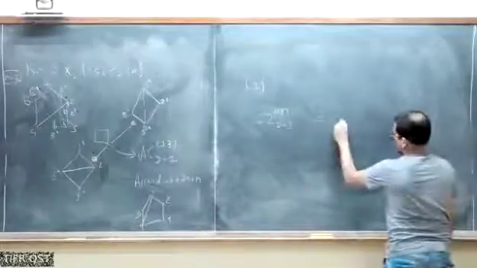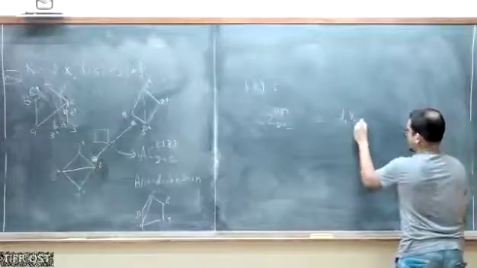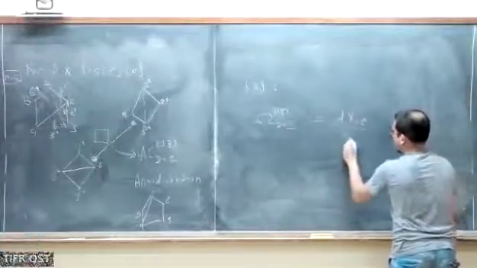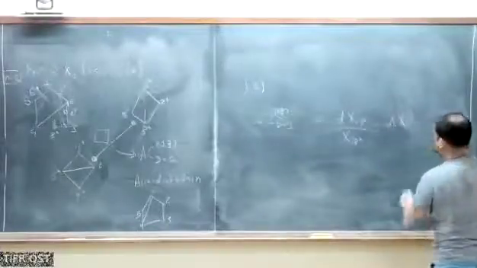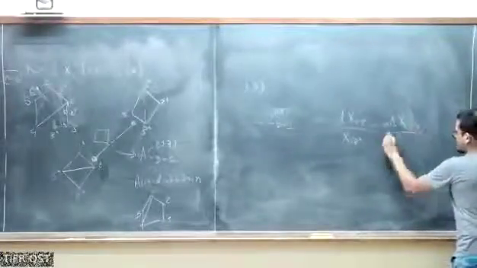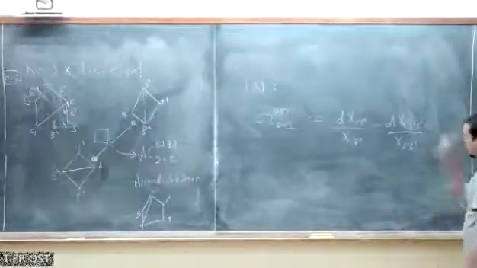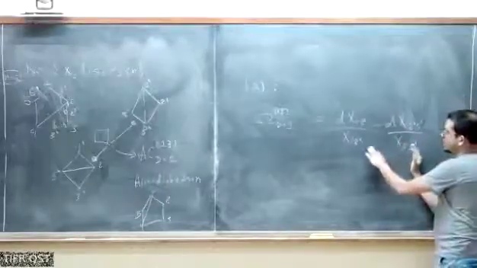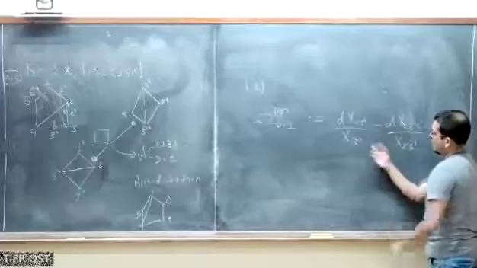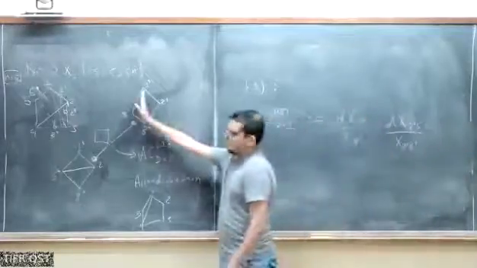So let me define a form which is dx1',3' by x1',3' minus dx2',5' by x2',5'. How did I introduce this form? This form is introduced with the following input, that it has a simple pole exactly when you touch this chord.